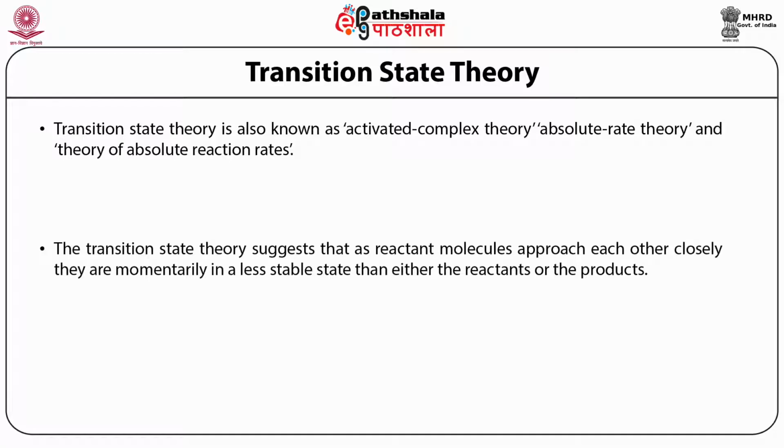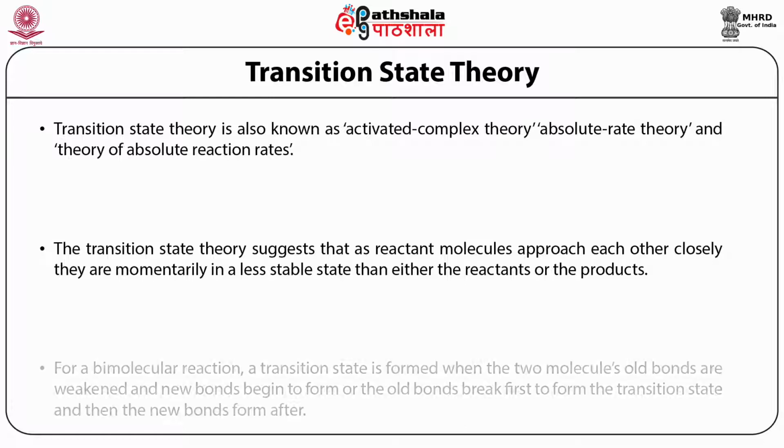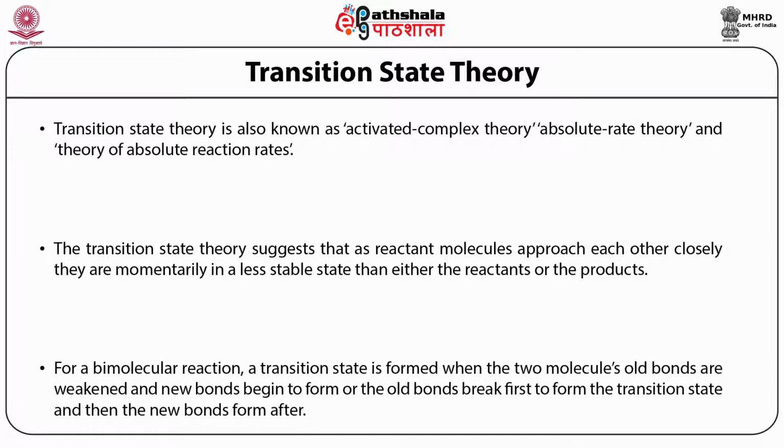Transition state theory suggests that reactant molecules approach each other so closely that they form a less stable state as compared to reactant or product. For a bimolecular reaction, a transition state is formed when two molecules' old bonds are weakened and new bonds are begun. The new bonds begin to form while old bonds are broken down.